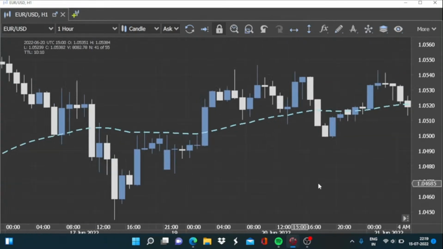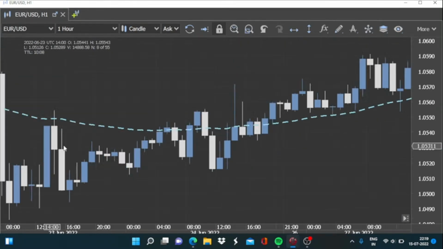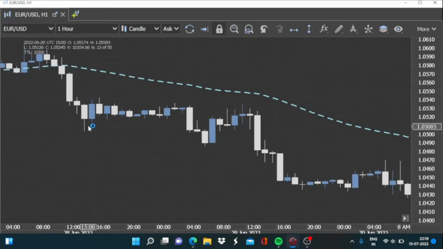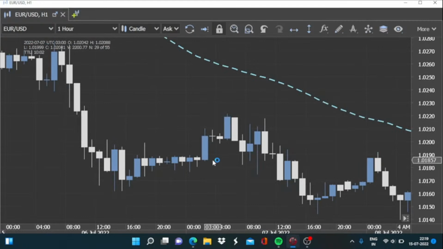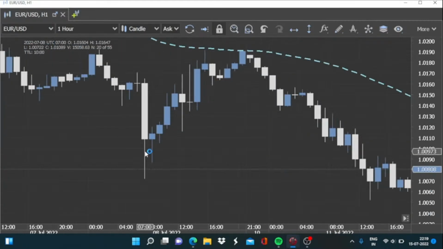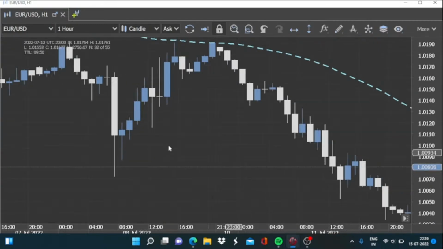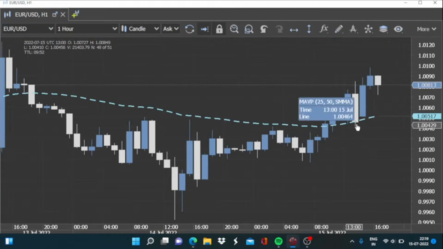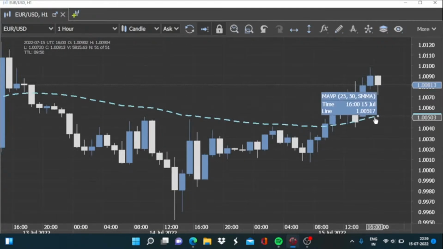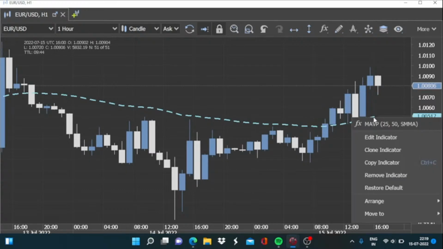But the benefit of this is that it is going to give you a good idea of what the trend is on the larger time frame basis, and the changes will be observed only when there is a significant price reversal on the chart for the underlying instrument. Only in that scenario will the changes be evident in this plotting of the MAVP when we are relying on the SMMA for deriving these values.